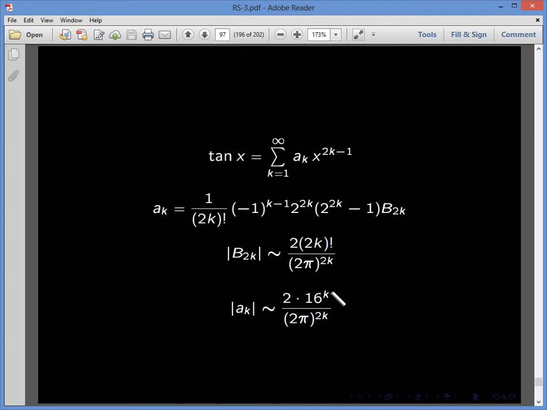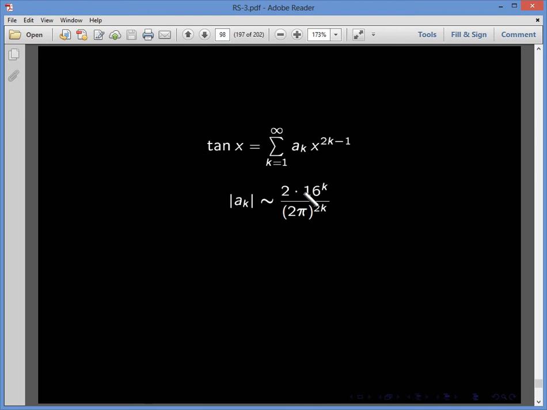So once you have this asymptotic formula of the coefficient a_k, then we can compute the radius of convergence. So a_{k+1} divided by a_k, and this behaves sufficiently multiplicatively, so you can easily verify that it's 16 divided by this part in here squared, 4 pi squared. So 4 divided by pi squared, and it is the radius of convergence of this power series in the squared term for those coefficients.